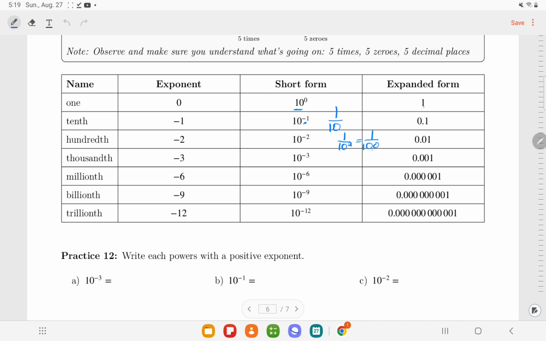And 1 divided by 100 is 0.01. And so on. This is 1 divided by 1000, 1 divided by 1,000,000, and so on. Now complete practice 12 and check your answers. So we rewrite each exponent as positive exponent.